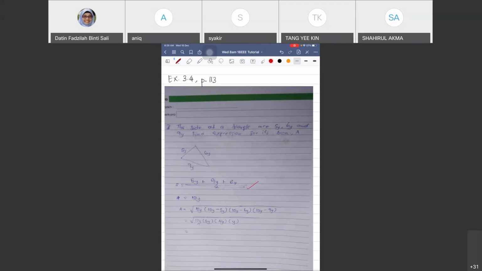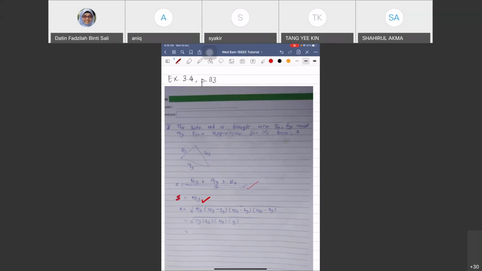You just add 5y plus 9y plus 6y. So you do that and you get 10y. That is your S, which is 10y here. I hope you can see this. This is S, 10y.